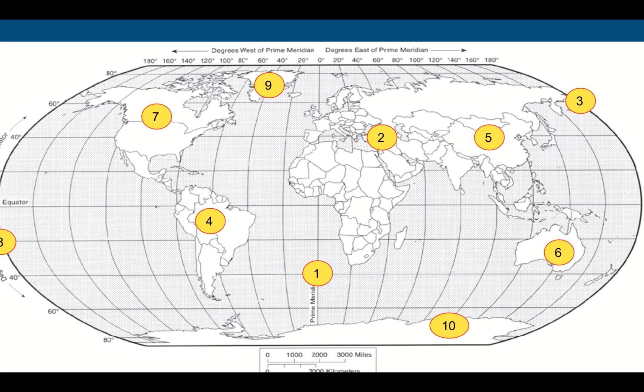So once again, we are going to stop this video. You are going to watch video number 1, and then you will watch video number 2. When you are done with both of those videos, you will go back to this video lecture and locate on the first map the 15 points, and on the second map these 10 points that you see right now. And if you have any questions, once again, please raise your hand.